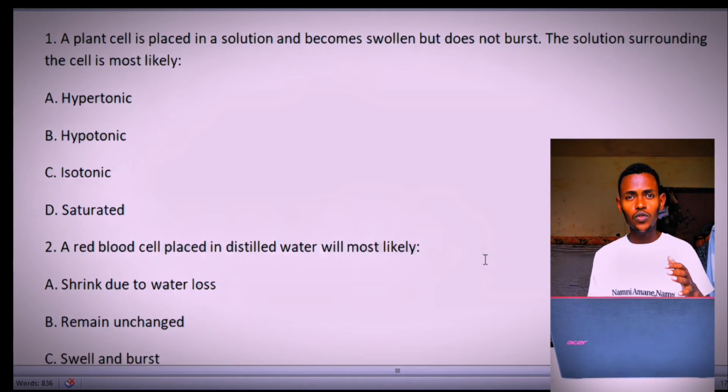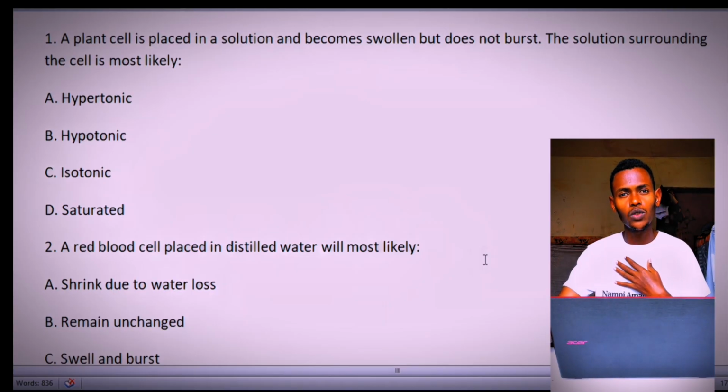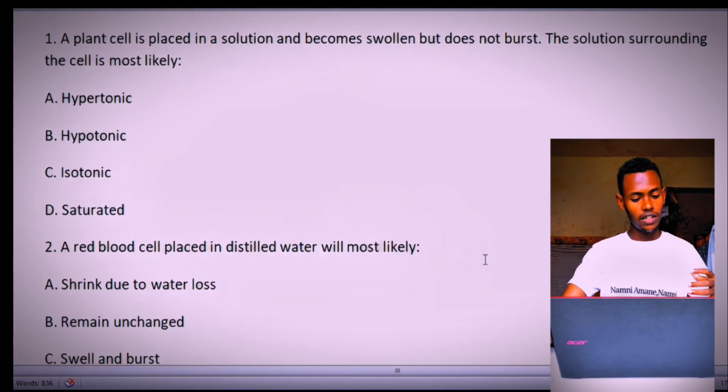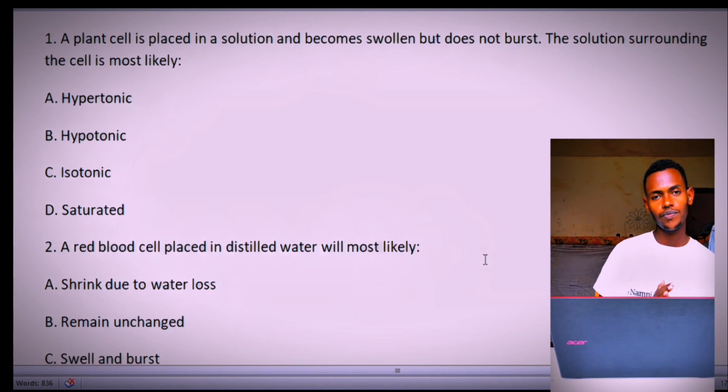So the water moves into the cell and the cell becomes swollen. Such a solution is called hypotonic. Why? Because the concentration of the salt in the extracellular fluid is less than the concentration of the salt in the cell. The tonicity of the solution depends on the extracellular fluid.